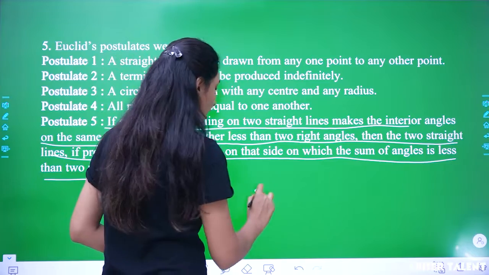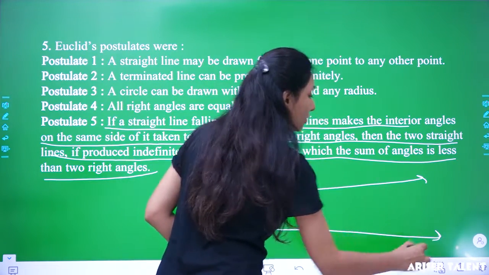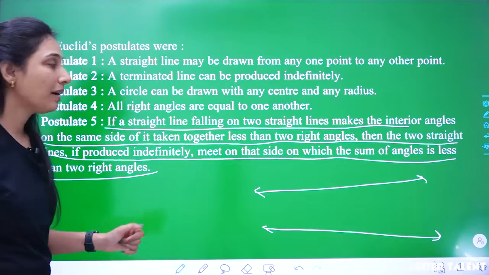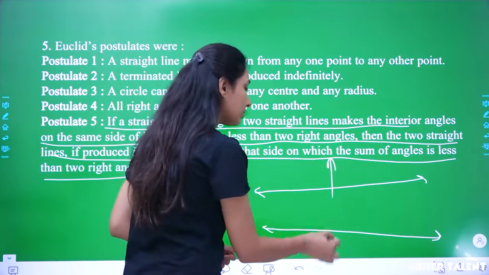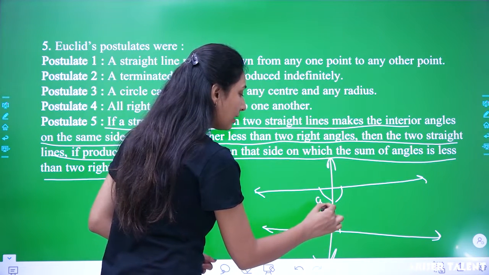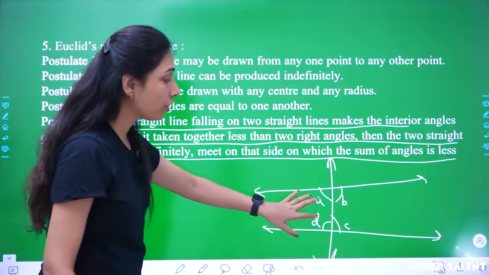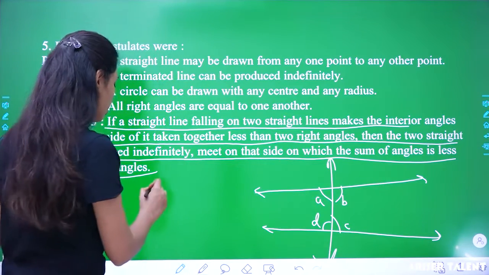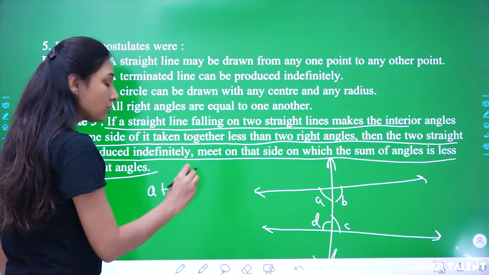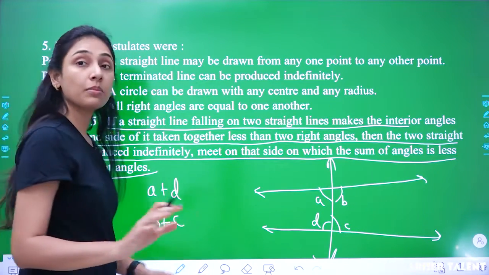What does that mean? If I am having two lines that are not going to be parallel, and I measure these angles A, B, C, D. If I'm talking about these two angles and these two angles, A plus D is going to have some number, and B plus C is going to have some number in degrees.